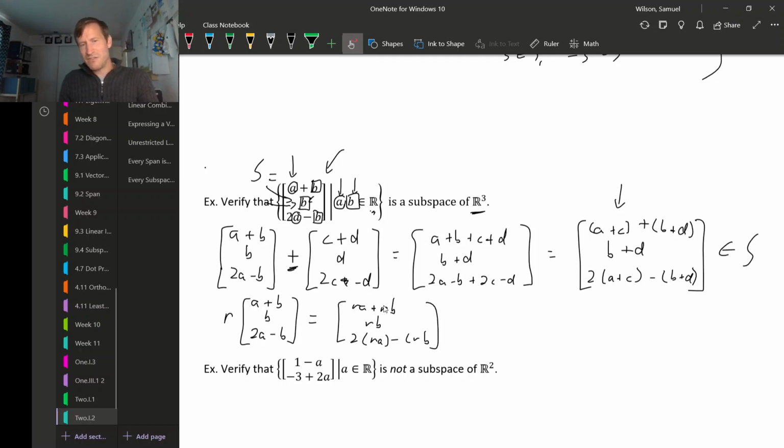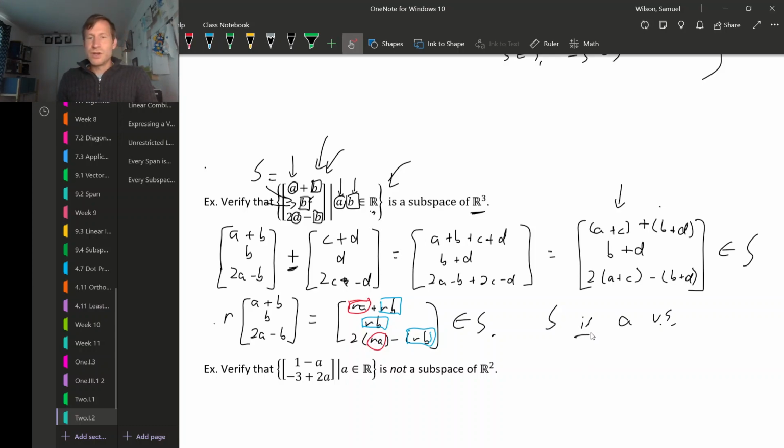And I've multiplied things out and grouped things in this way specifically so that we can tell that yes, this still is in S, right? We have a real number here that is also there, and we have a real number here, R times B, that is also here and here. So I forgot my closing parenthesis here. Right, so it follows this pattern. It is of this form, so that means it's in S. So this subset of R3 is closed under vector addition, also scalar multiplication, and that means that S is a vector space.